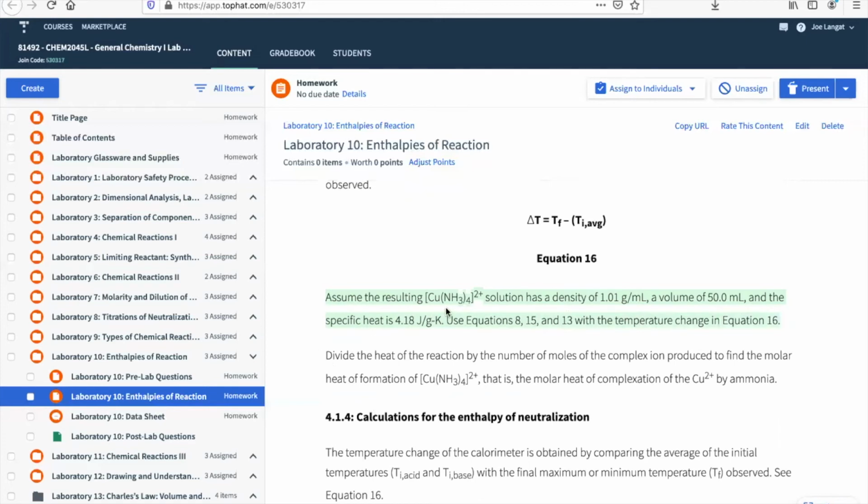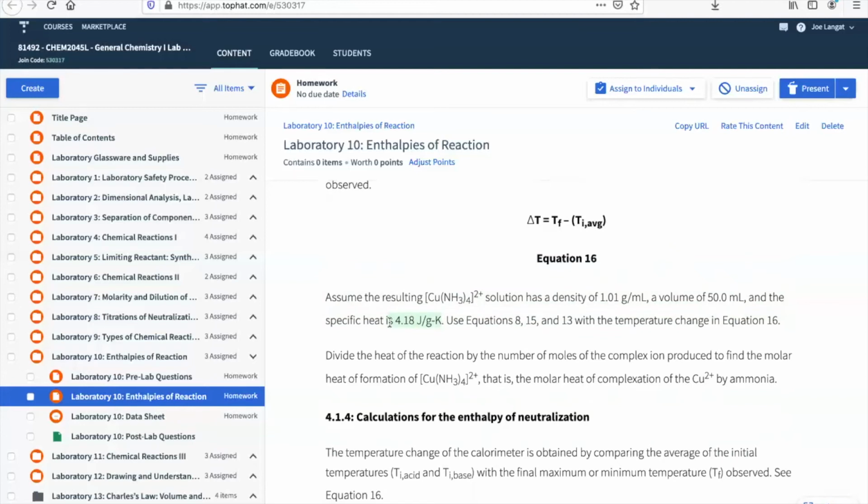Assume the resulting complex, we are forming the complex, has a density of 1.10, this is what we need, and the volume of 50.00, that's the information I just gave you, 25 plus 25 is 50. And the specific heat, I want you to really see this.